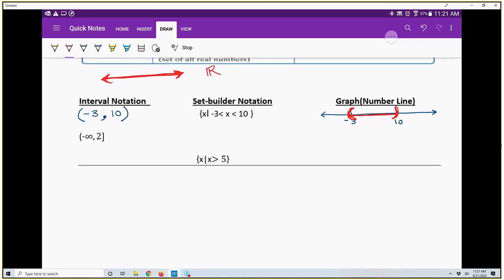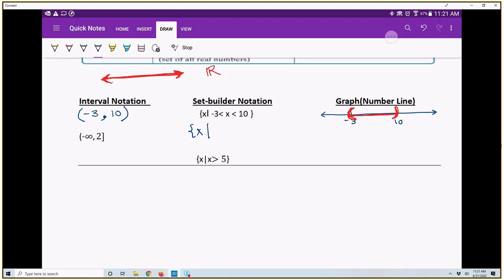In the second row, I'm given the interval notation, negative infinity to 2, and it looks like 2 is included. Now I need to write the set builder notation. So I'm going to start my bracket, and I'm going to write x such that negative infinity is less than x, and x goes all the way up to 2.